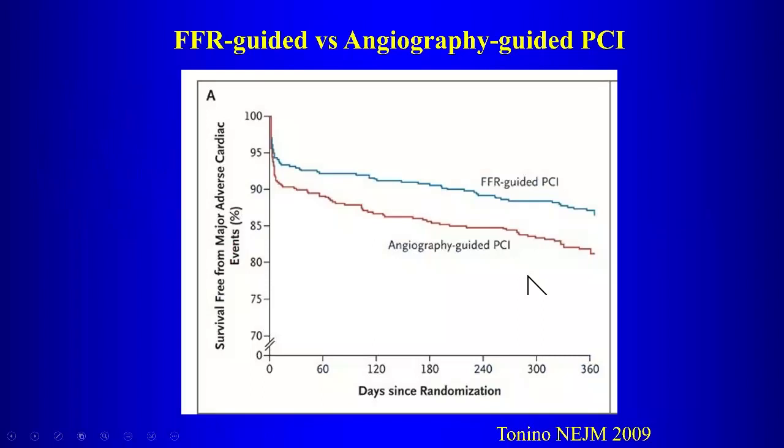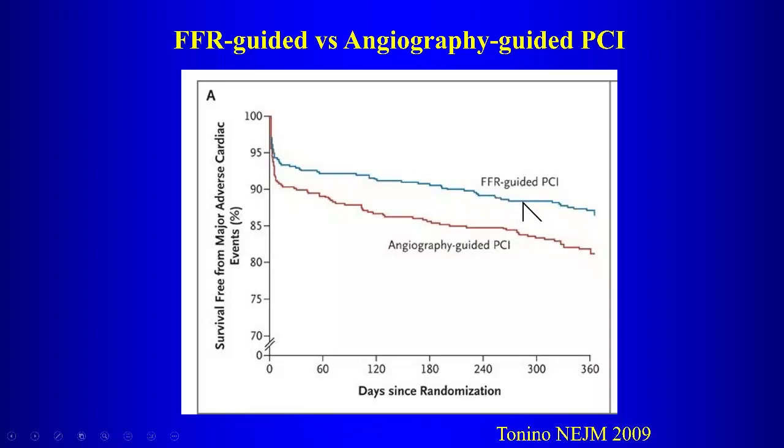And it turned out that when they used this to guide percutaneous intervention, invasive intervention using cardiac cath, the fractional flow reserve guided cath did improve outcomes, as opposed to just looking at the lesion anatomically with cardiac cath and looking at the stenosis.